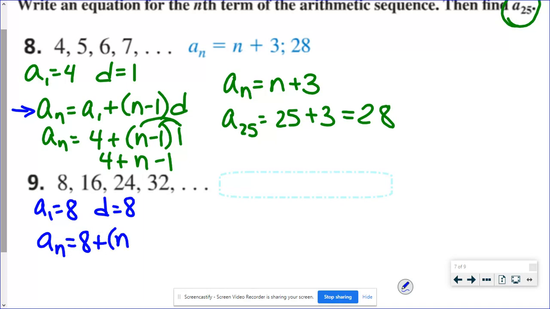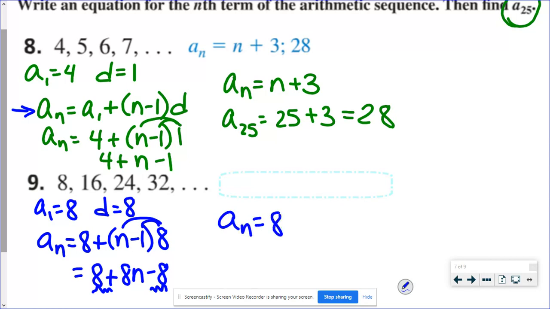And then n minus 1 times my common difference. So we distribute and then combine like terms. Very similar to a lot of the other work that we've been doing. It's 2 steps for this. This is not that difficult. 8 plus 8n minus 8. All right, well, when I add this 8 and that -8, those are going to cancel. So I just have that a sub n equals 8n.